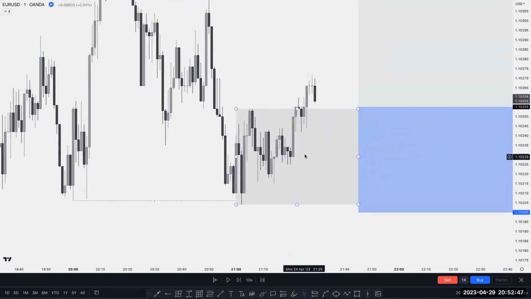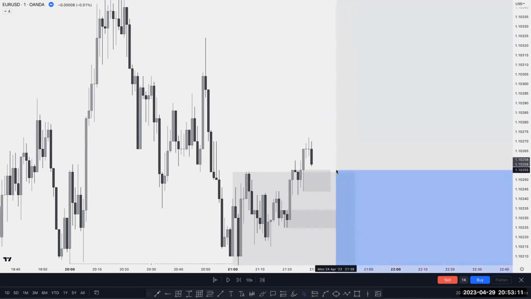This one, right? So where is our unmitigated zone where you can take entry for the buy? Okay. So first PY is here. And the next one, on the extreme, only 2 PY is here for the buy, right?